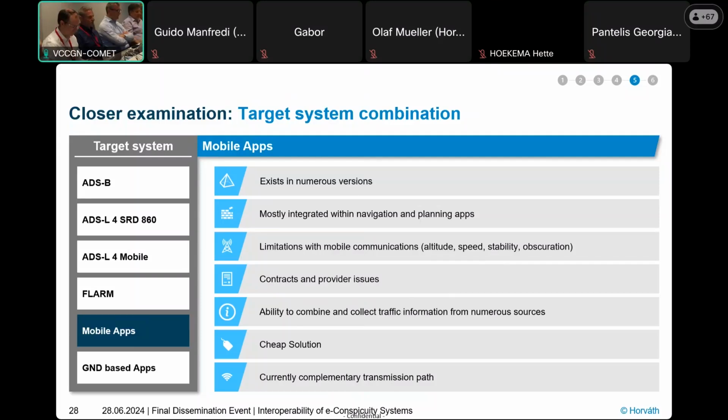The issues are altitudes, speeds and stability of the connection, obscuration of the aircraft, and the contracts with the network providers. We discussed those things very extensively in the technical meetings, and currently we see the mobile network as usable as a complementary system when other transmission ways fail.